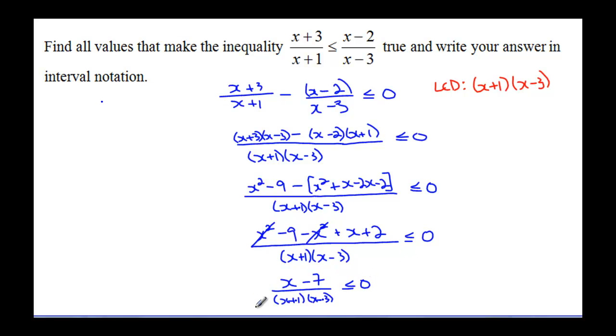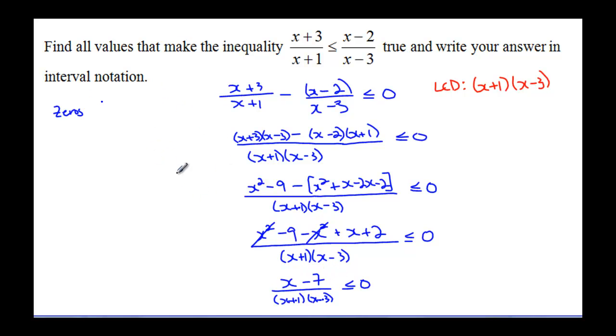Now that we've simplified it as much as we could, we need to take this and figure out our zeros. Our zeros happen when the numerator is equal to 0. In other words, if we take this as a function and ignore this side here, we set y to 0, and then the denominator will actually cross out and give us 0.